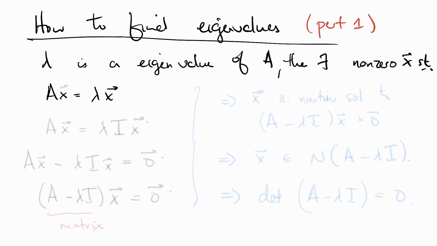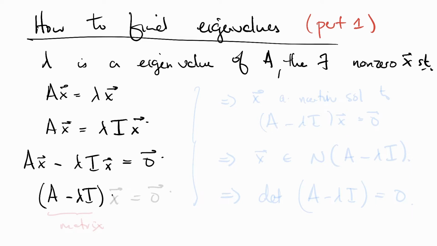Okay, let's do a little bit of algebra. Ax is therefore also going to be equal to lambda times the identity matrix times x. I can bring this over to the left side of the equation. A x minus lambda I x is going to be equal to the 0 vector. And then we're going to have A minus lambda I, by just factoring out the x, times x is equal to 0. Let's pay attention to this matrix.